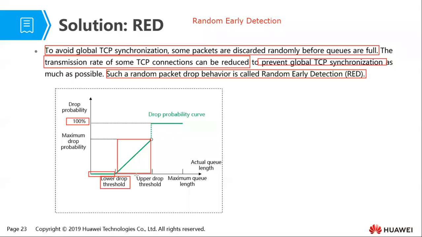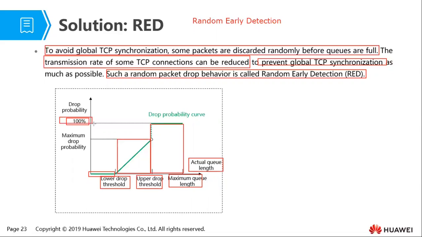Now, when we hit the upper drop threshold, then literally from this area, we simply drop everything. We discard any other packet that comes after this. So we have the lower drop threshold and the upper drop threshold. This is the actual queue length, and this is the maximum queue length. When it hits the ceiling at 100%, we drop everything.